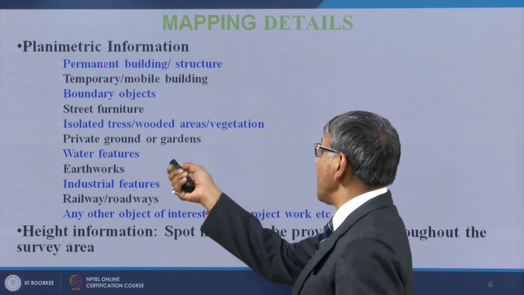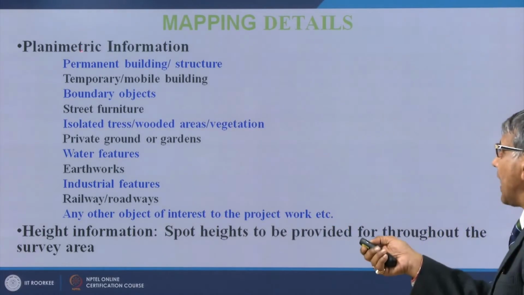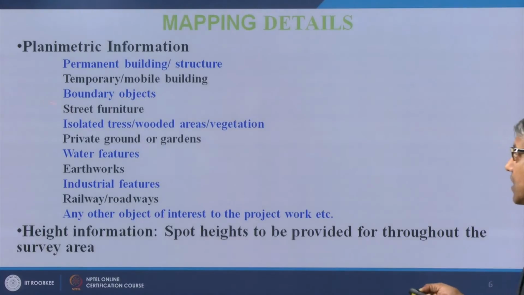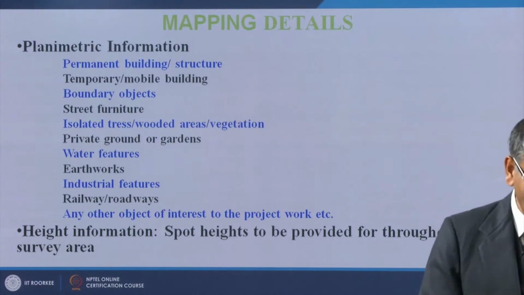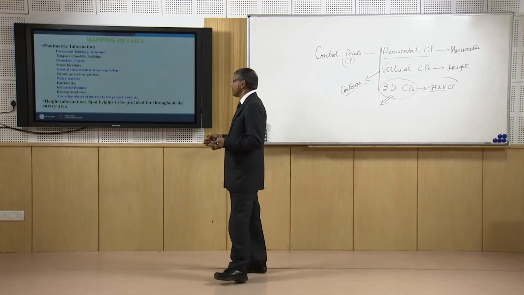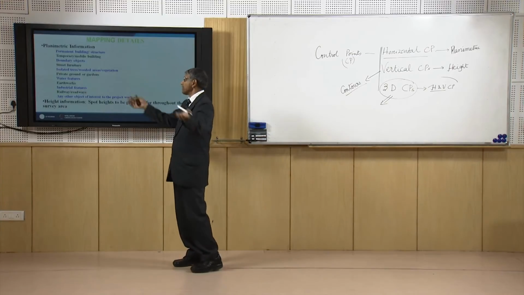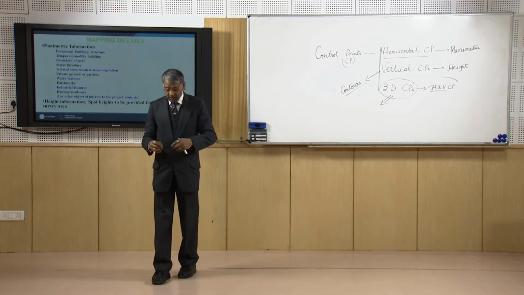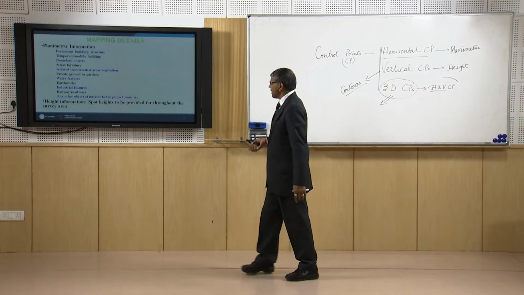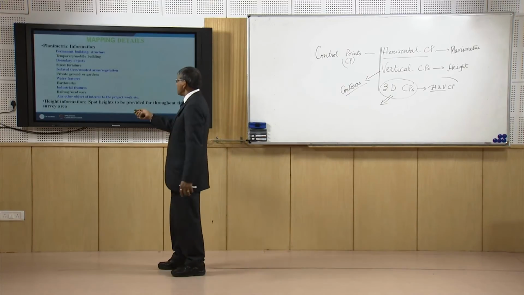like permanent buildings or structures, temporary or mobile buildings, boundaries of objects like the boundary of our houses, or the boundary of some area or built up area, and street furniture.